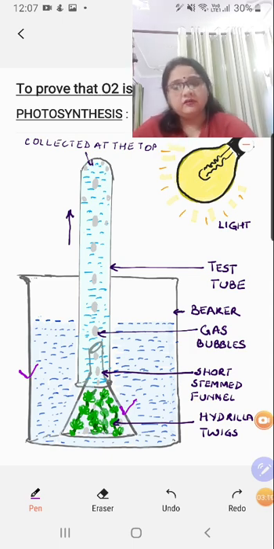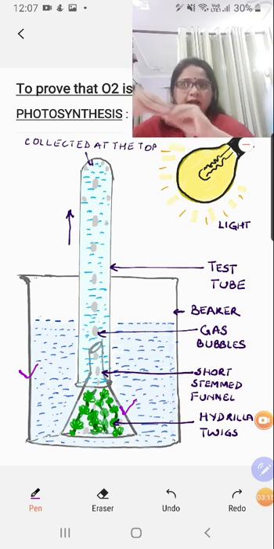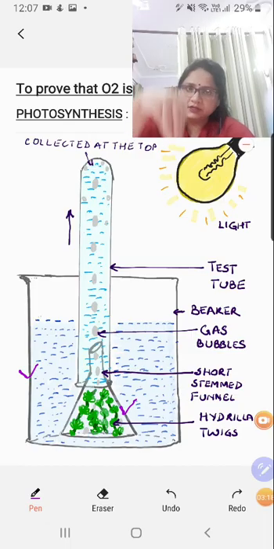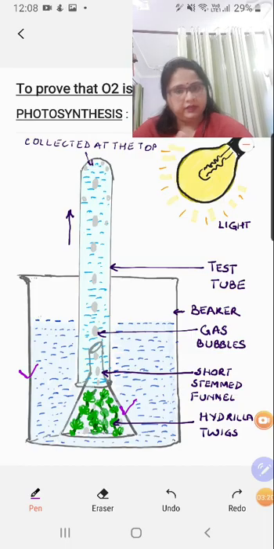They are lighter, right? You have put all those smaller hydrilla twigs in the funnel, and then you keep the funnel straight at the bottom of the beaker, the way it is shown, without plugging the neck. Now the last step, and that is most important: you take a test tube. After taking it, you completely fill it with water.